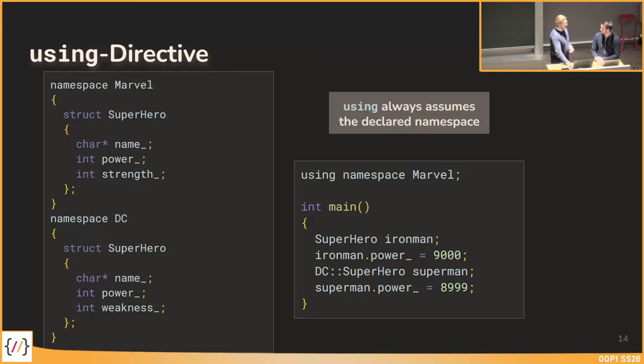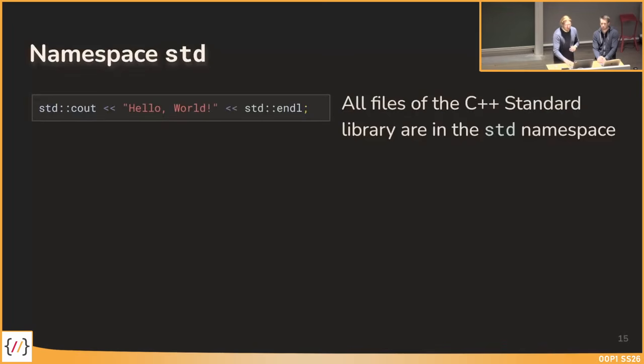So using is quite nice, but we should also be a bit careful about using the using directive. For example, all the standard library objects or functions are in the std, in the standard namespace.